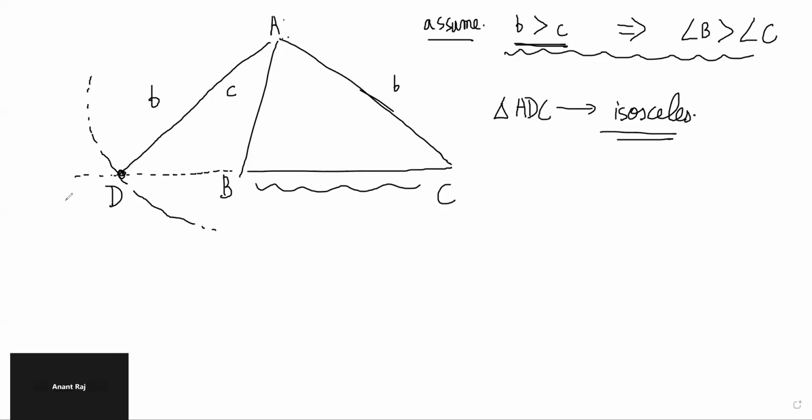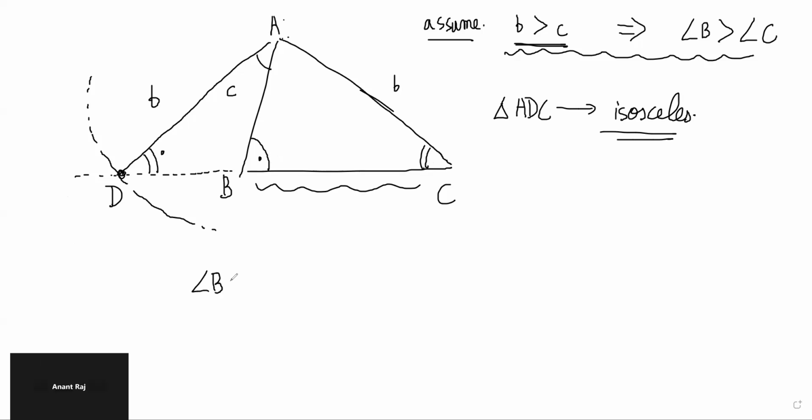If triangle ADC is isosceles, the angle here is equal to the angle here, right? And that means that our angle here is equal to the exterior angle. So it is equal to this plus this, right?